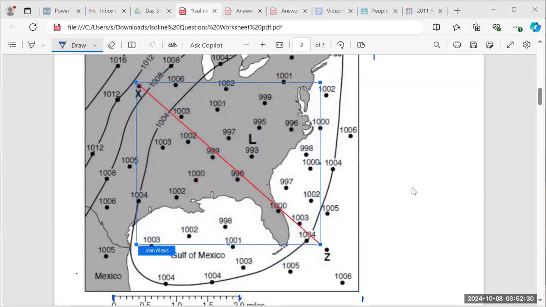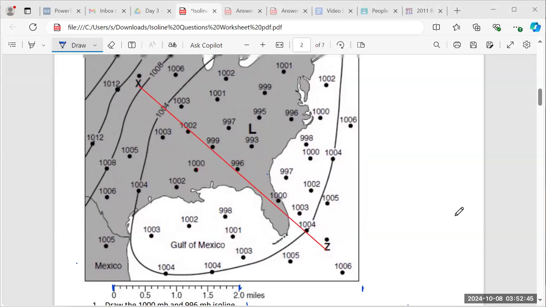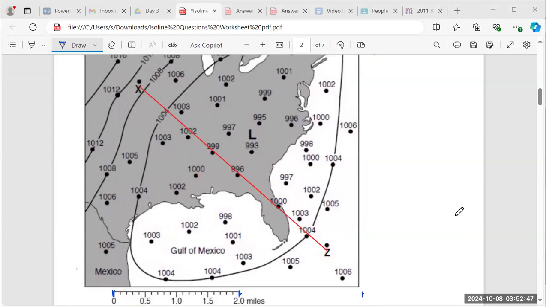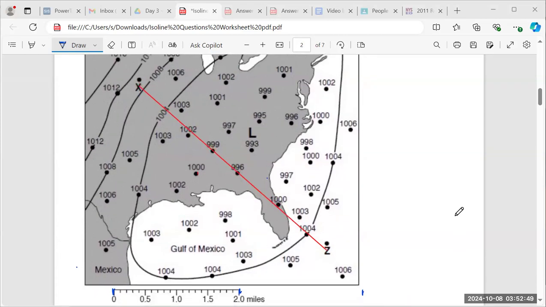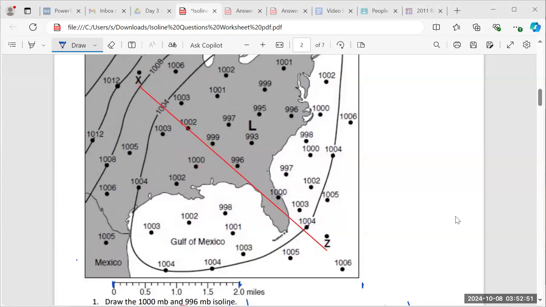I'm going to mark a straight line from X to Z right here. Because I'm using the computer, I'm going to take this line and bring it to the scale. I've done this on paper too, so trust me when I tell you this is the actual length that it is.